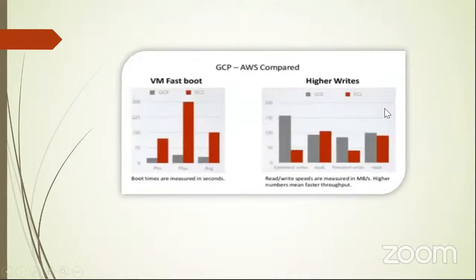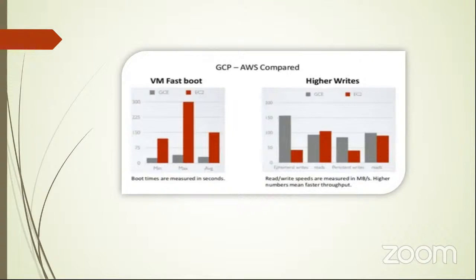And the second slide explains the VM Fastboot. I mean, whenever there is a reboot of any machine, it happens very quickly as compared to AWS or Azure. And the read-write speeds, in MBs, are much higher than AWS and Azure. So the first diagram explains the VM Fastboot.